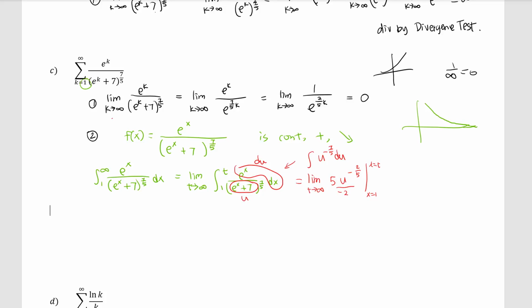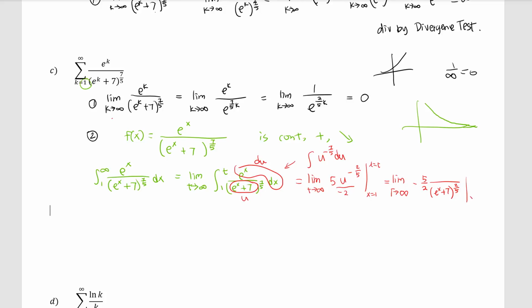So far, so good, everybody? So we continue to plug in. We plug in x, so this is minus 5 over 2. U is, so this is a negative exponent, means it lives in the denominator, so we have 2 over 5 here.